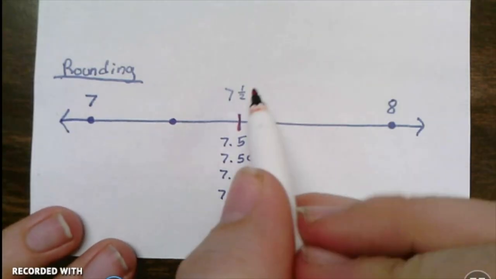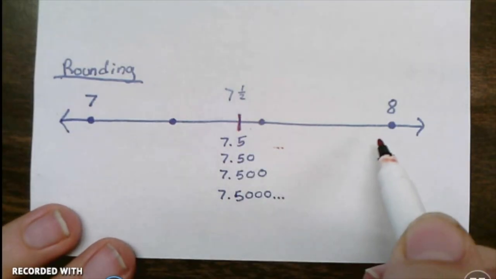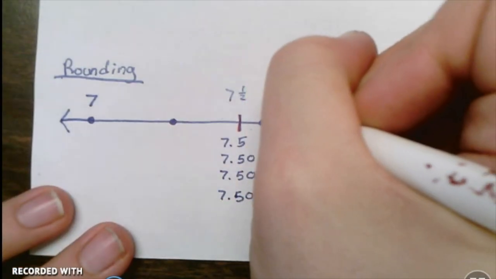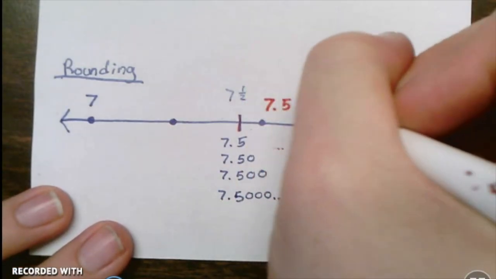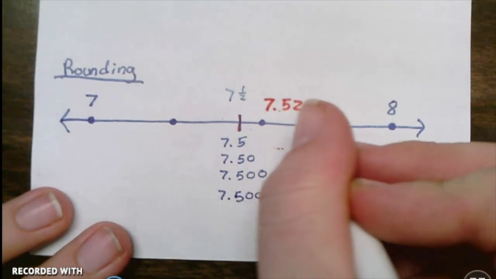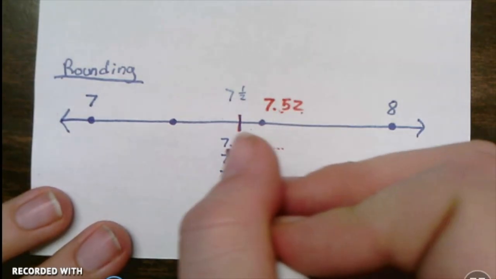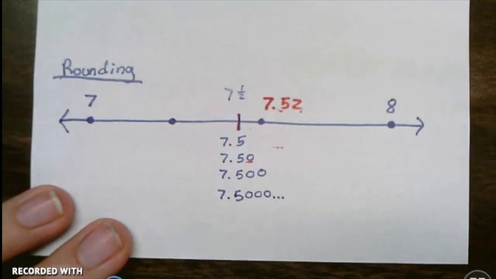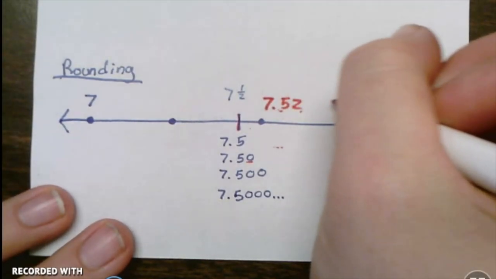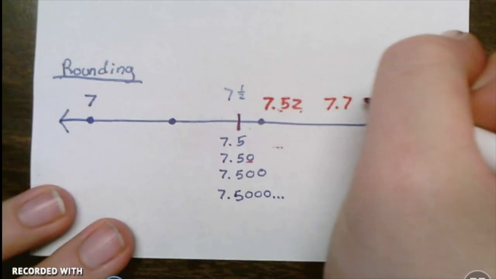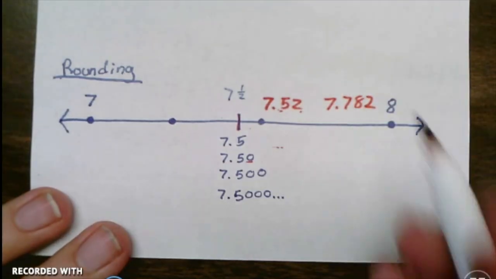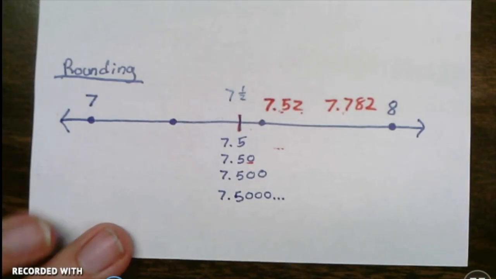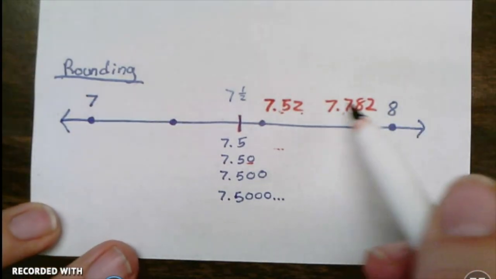So for example, some numbers that might be between here and here would be numbers like 7.52, because 52 is bigger than 7.5. I'm basically just going to look at this first number right here. Or another example would be 7.782, because 7.7 is bigger than 7.5.